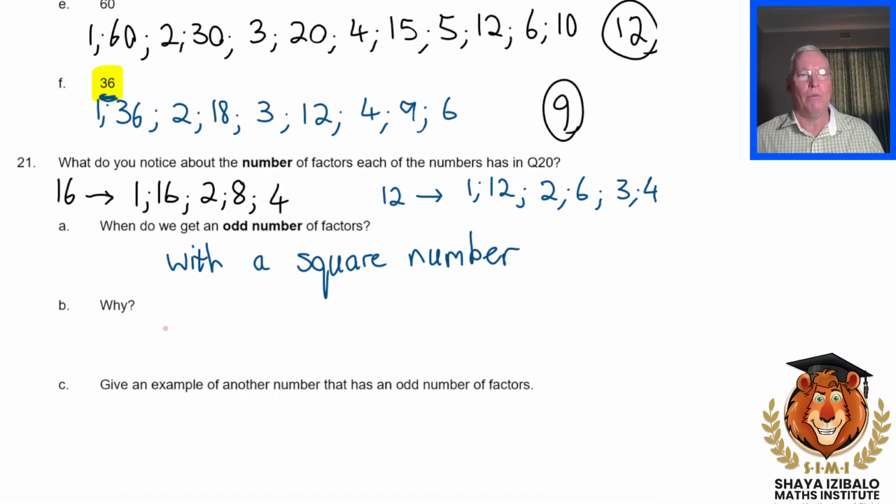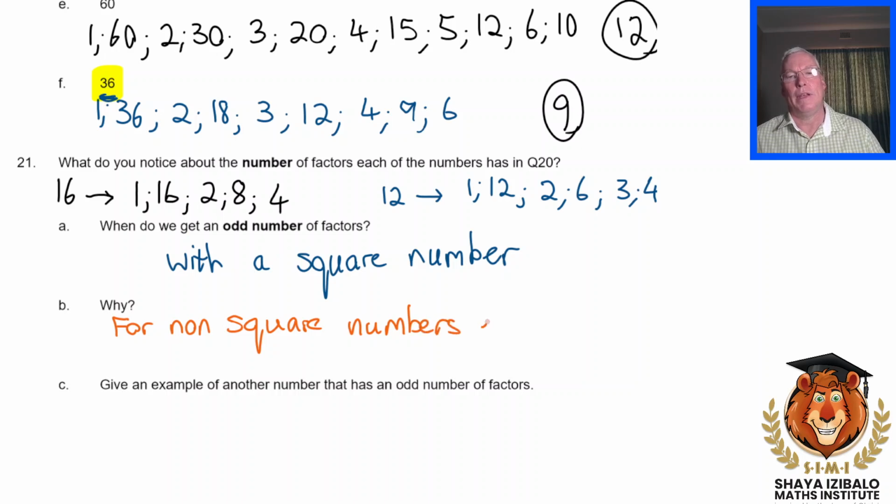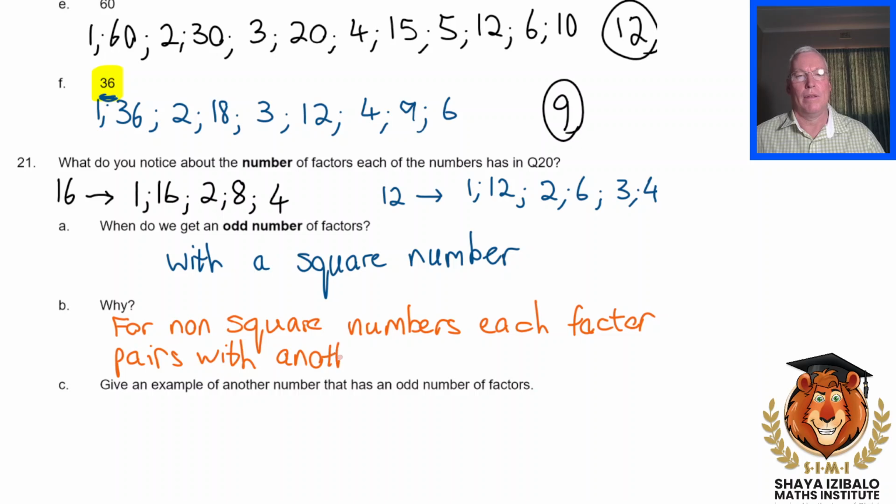All right. And the reason, we're going to write this down, for non-square numbers, each factor pairs with another one, giving us an even number of factors, because we've got pairs, 2, 2, 2.